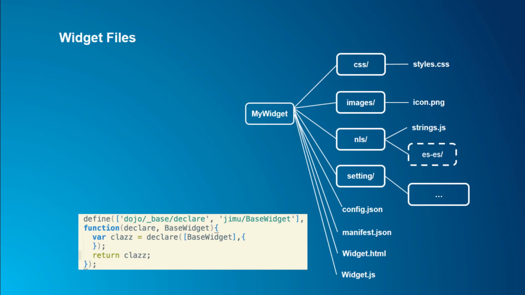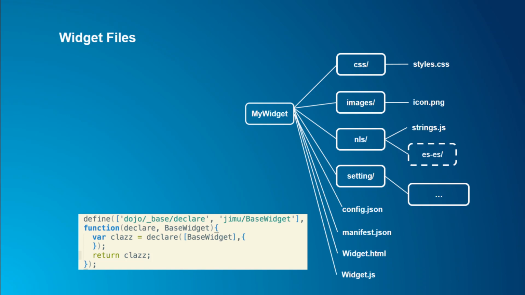Well, Web AppBuilder just expects certain files to be in those locations. So typically, and at the bottom here, your widget will always have to have a manifest.json file. That's just a straight JSON file that tells Web AppBuilder about your widget and what kind of functionality your widget has. So does it have translations? Does your widget provide a settings file? All that stuff is in the manifest.json file.